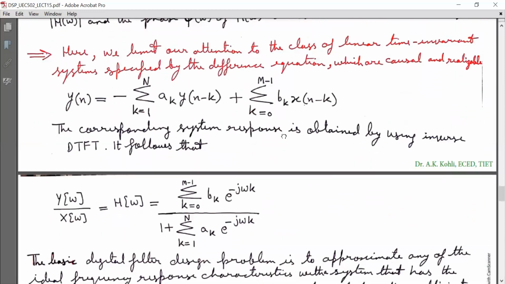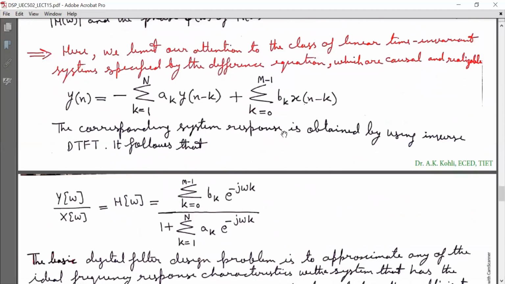Now here we limit our attention to the class of linear time invariant systems specified by the difference equation, which are causal and realizable. So once more, this equation: y(n) is equal to minus summation k running from 1 to N a_k y(n minus k) plus summation k running from 0 to M minus 1 b_k x(n minus k).